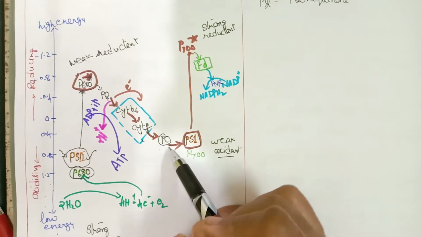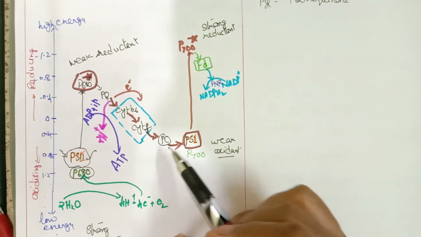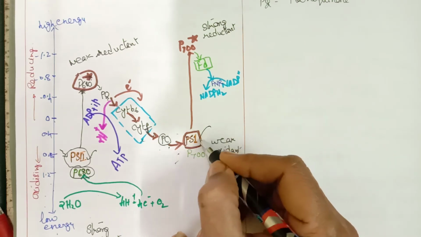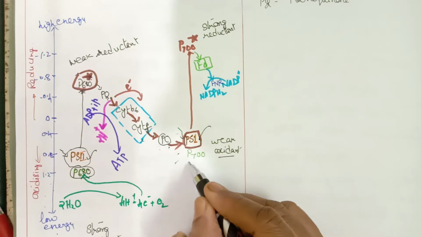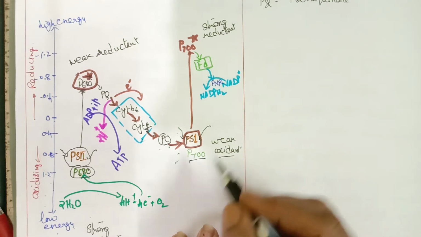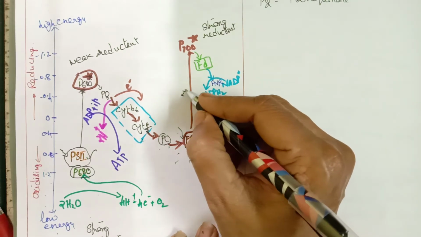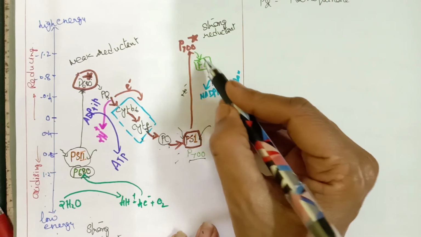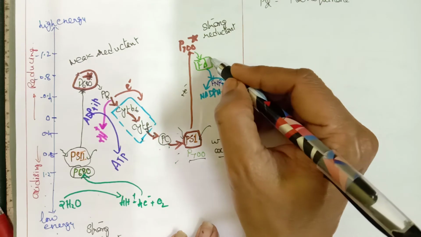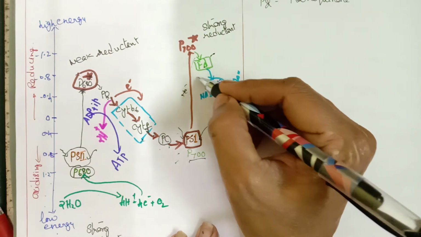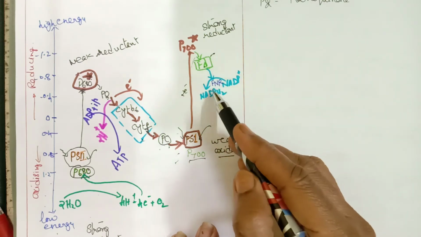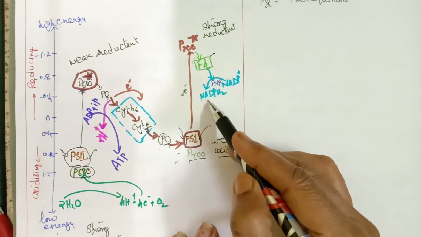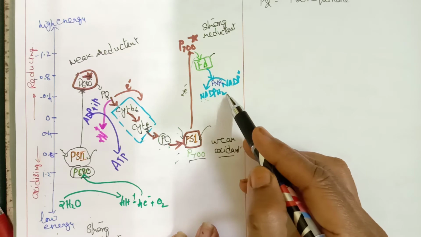Then to another electron carrier, plastocyanin. Then to photosystem 1. Meanwhile, photosystem 1 also absorbs light of wavelength 700 nanometers and releases electrons. After it reaches the excited state and releases electrons, the primary acceptor of electrons here is ferredoxin, and then to NADP+. NADP+ gets reduced to NADPH.